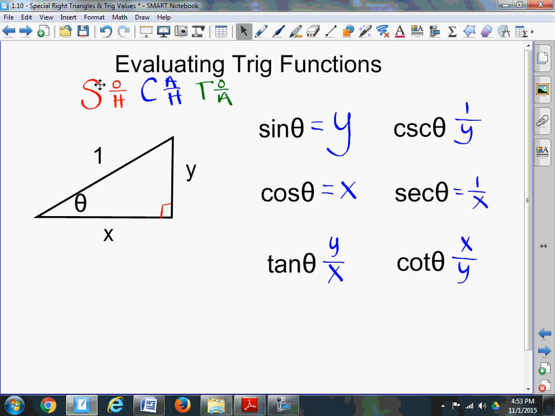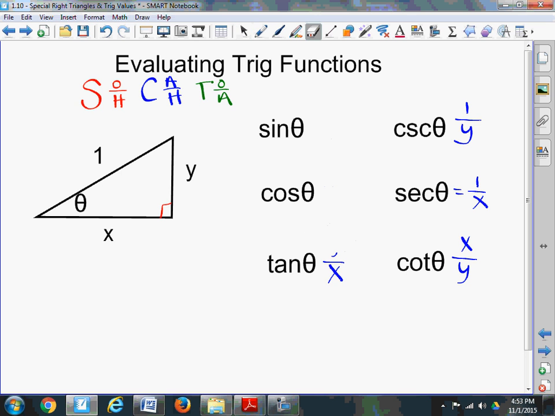Now, this isn't particularly helpful because you'd have to know what x and y are, but since x and y are sine and cosine, I can replace anything that's y with sine and anything that's x with cosine, right? And I don't even need to think of sine and cosine being x and y unless I'm thinking in terms of the unit circle.